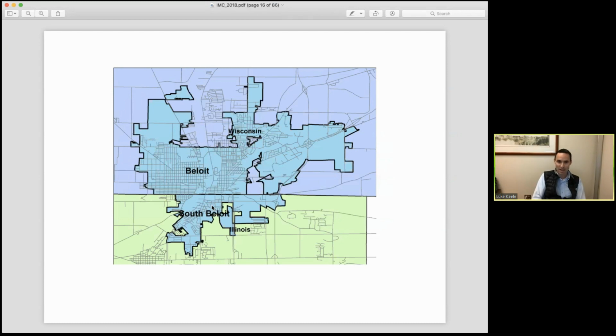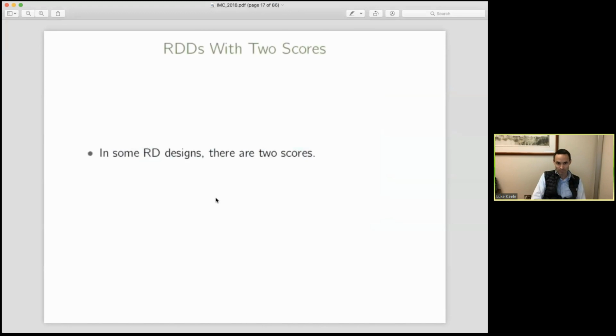You can start to see the flavor of why this might feel like an RD, where we might think that the people who are close to the border should be fairly similar, the idea being that this side is a good as-if counterfactual for the people who live on this side of the border.